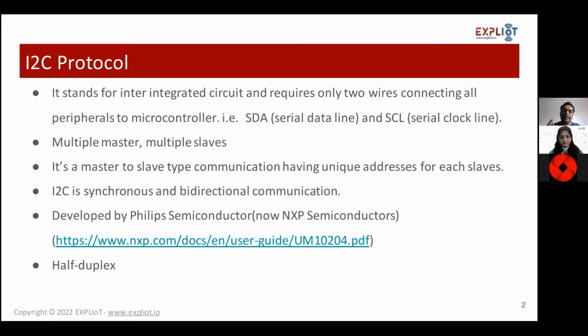When we are looking for reliable communication, where one peripheral sends data to another and wants an acknowledgement that the data has been communicated properly, and in return gets a positive or negative response from the receiver, there the I2C protocol plays a major role.